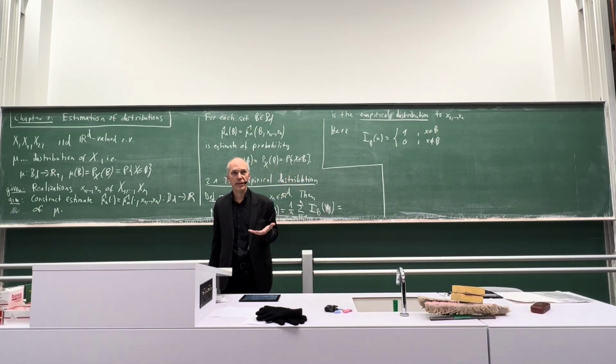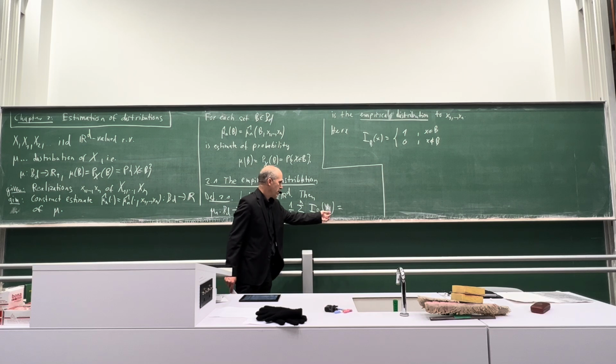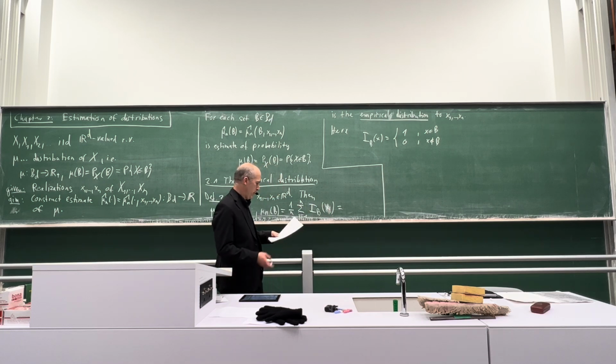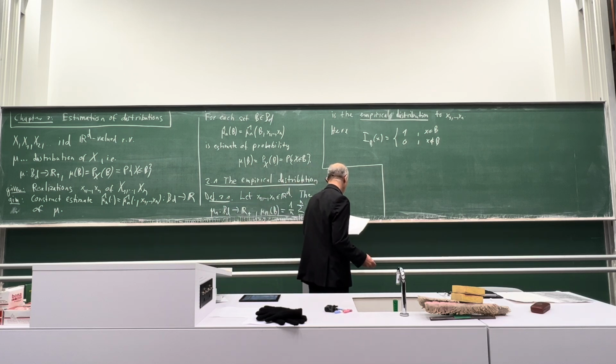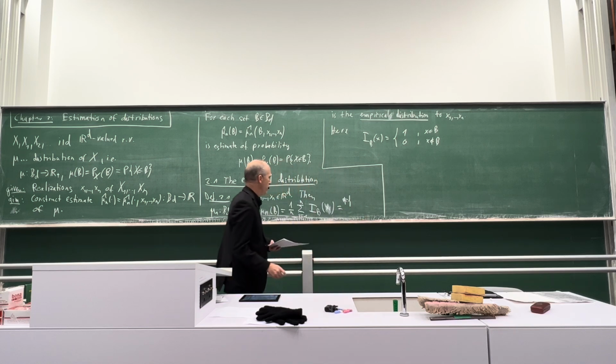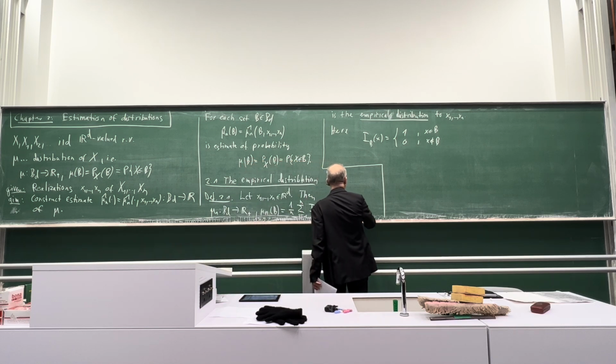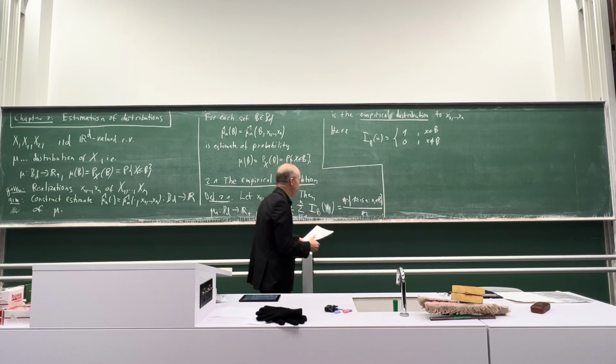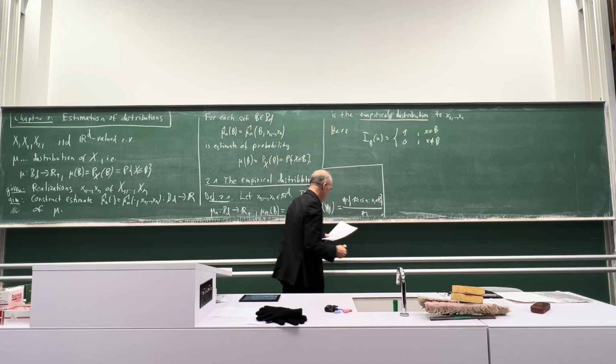For all other ones, you get a 0. So this whole sum is just the number of indices i from 1 to n where xi is in B. And I write this in this form for indicating that I mean the cardinality of the set, or the number of points in there, xi in B, divided by n. There's no point here, sorry.